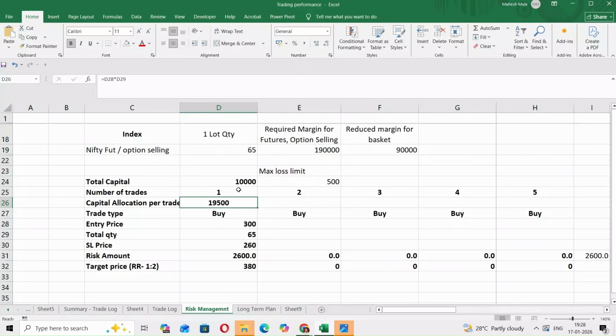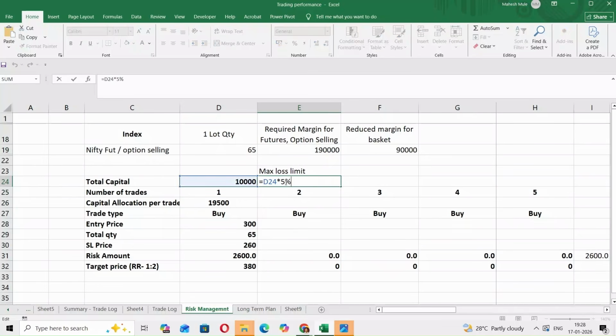Always remember, in option buying you must have a max loss limit of 10%.